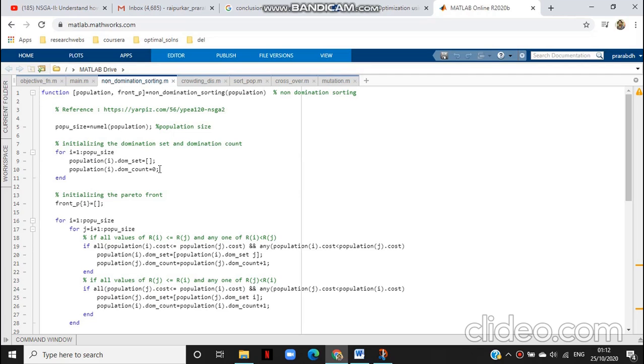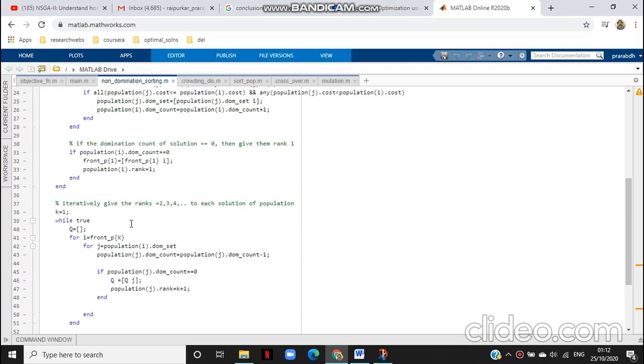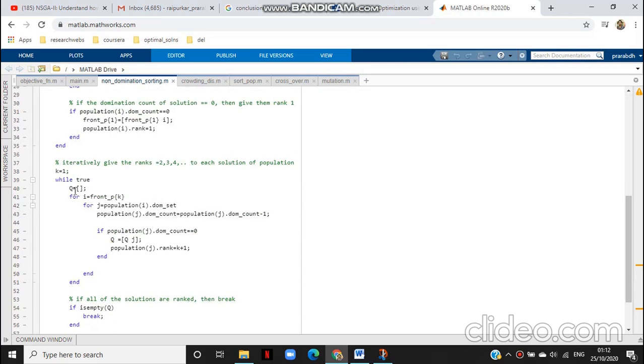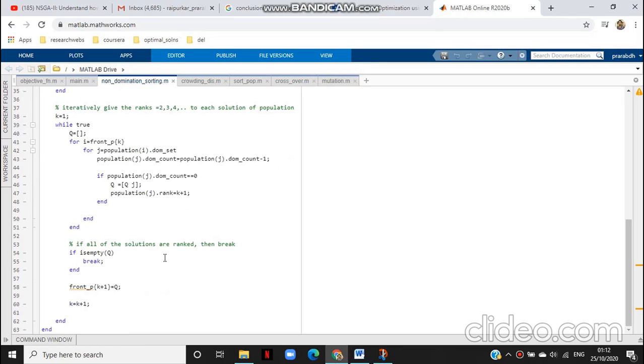If we don't find any such solution, then we give it rank 1. Otherwise, we don't assign any rank to that solution at that time. Iteratively, we do this for further ranks like 2, 3, 4. After giving all of them rank 1, iteratively we do this, and if all the solutions are ranked, then we break this loop.